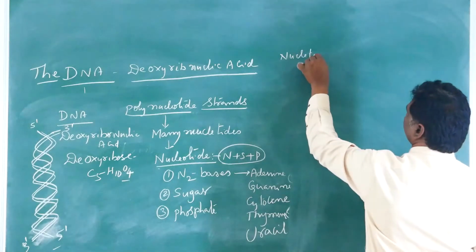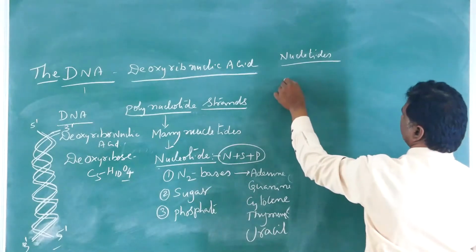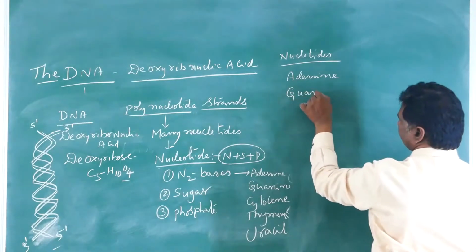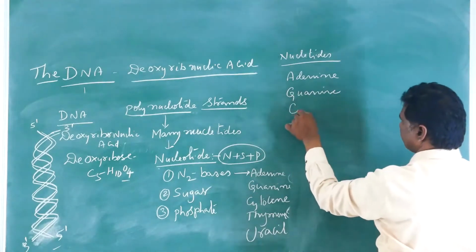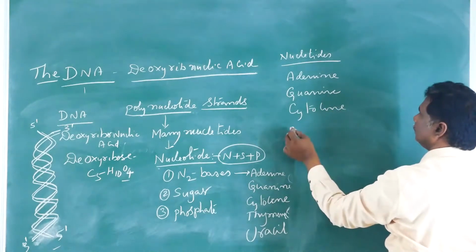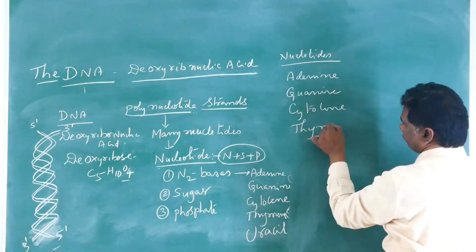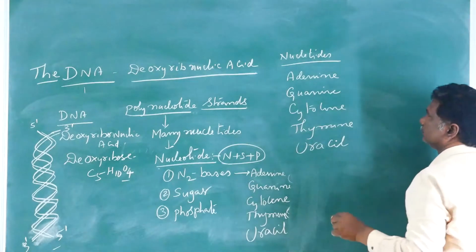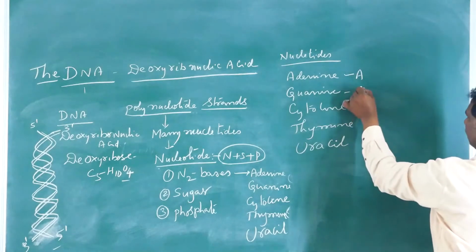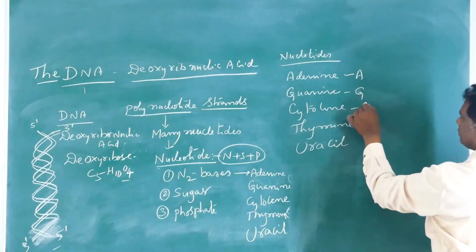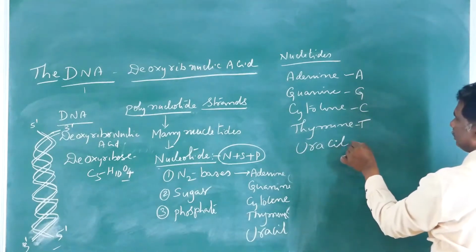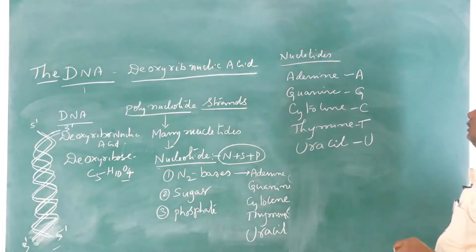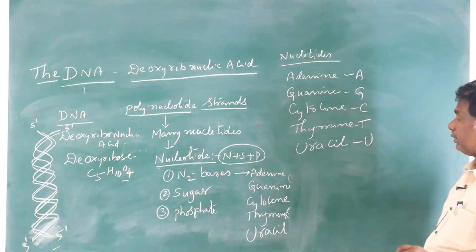Once again, what are the 5 types? Adenine, guanine, cytosine, thymine, and uracil, abbreviated A, G, C, T, and U. These are the nitrogen bases.